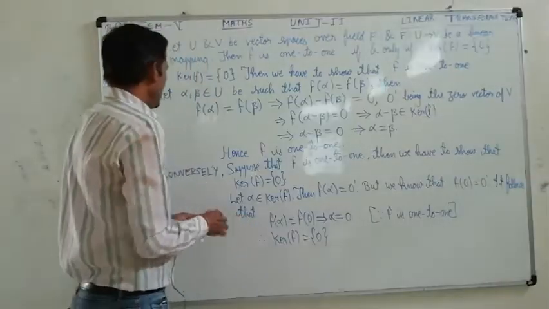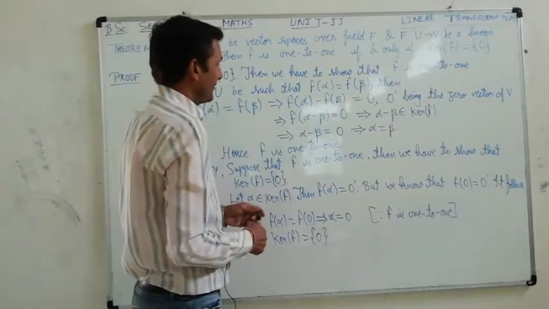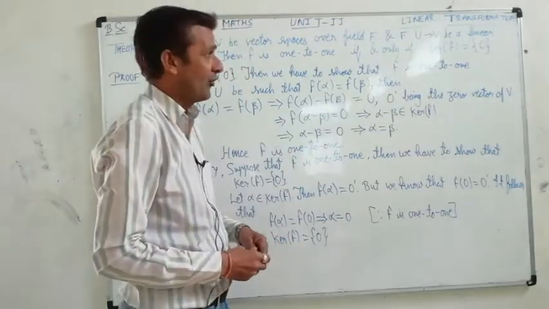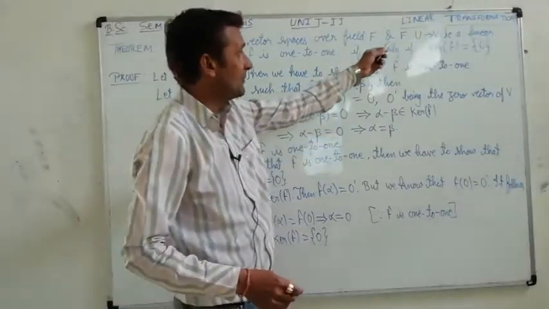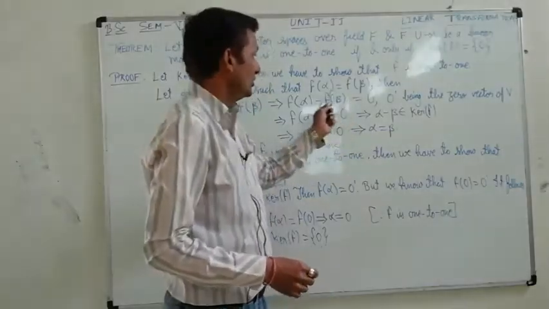Then f of alpha minus f of beta is equal to 0 dash, where 0 dash is the zero vector of V, because f is a linear mapping of U over V.